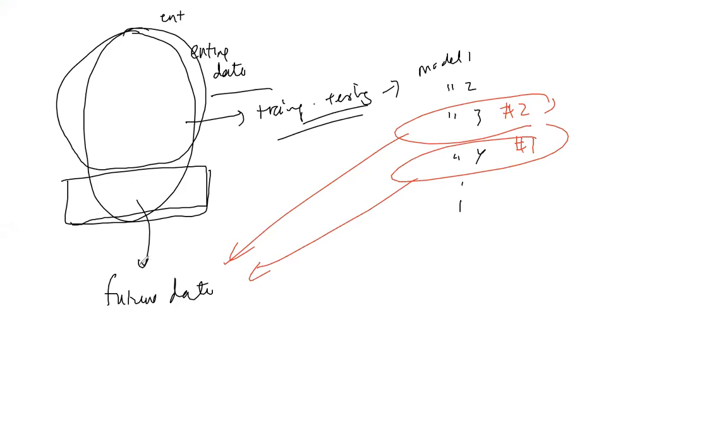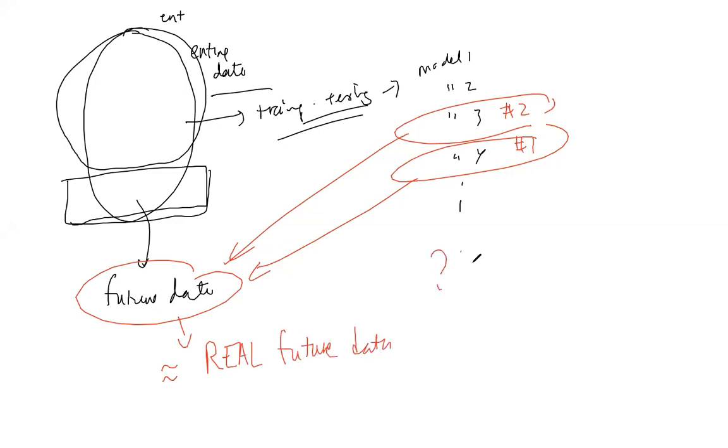The only problem with this approach is that it presupposes that the future data you isolate is actually approximating the real future data. The future is not here yet, so we don't know.